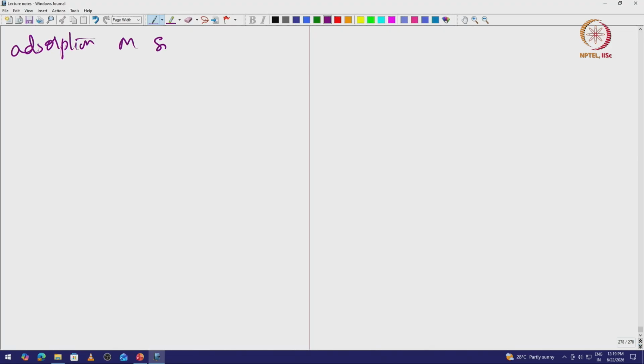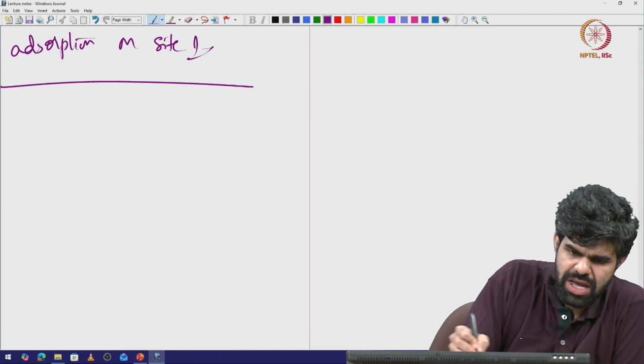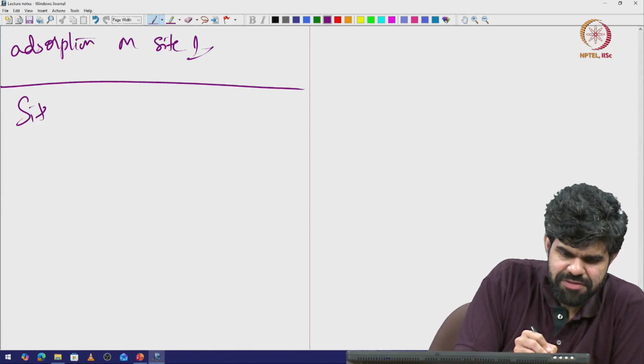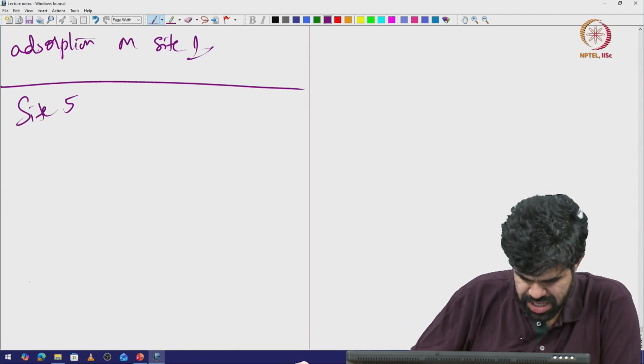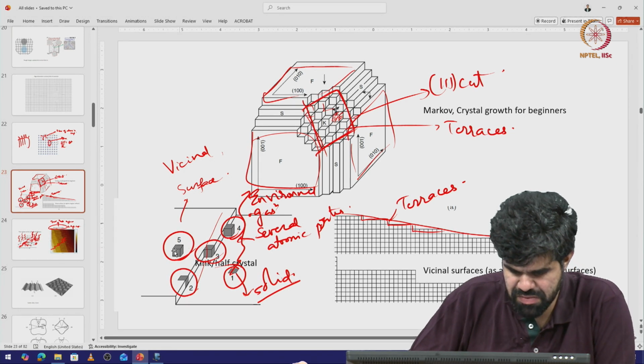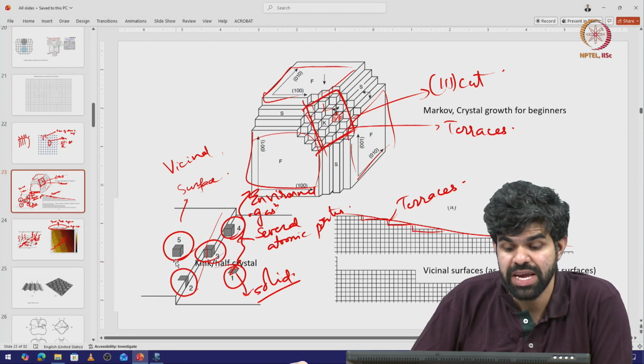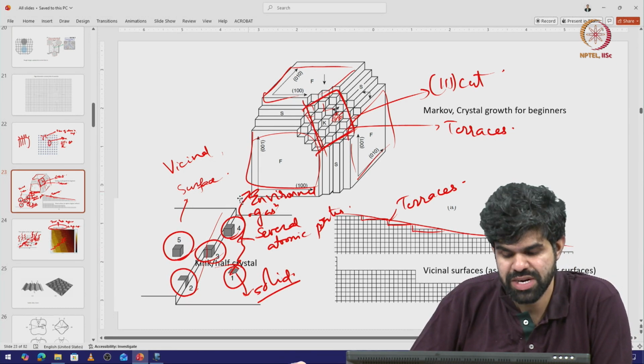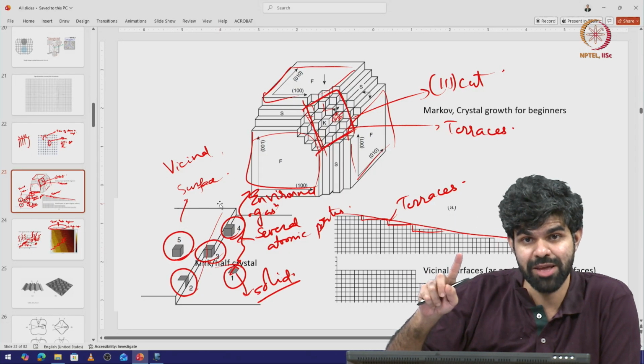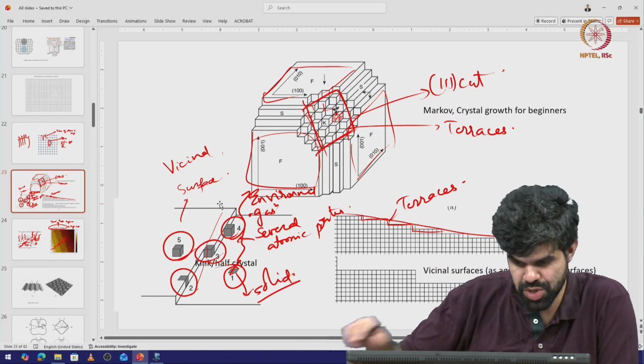On site 1. Okay. Now, let us look at site 5. Site 5 is this other extreme, right. Where if I remove one atom, initially I have 5 dangling bonds. If I remove one atom, I have 1 dangling bond. So, the surface energy has reduced. Okay.